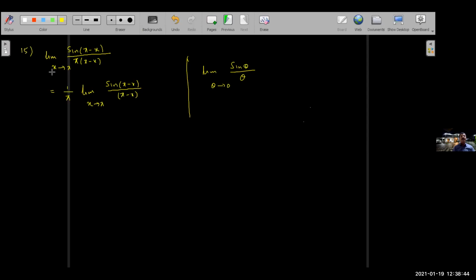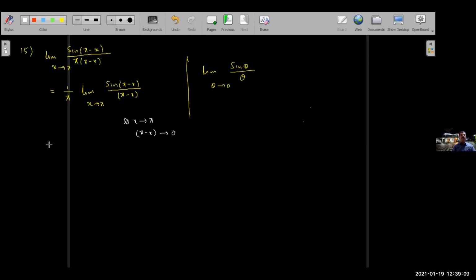Definitely, as x tends to pi, pi minus x will tend to 0. If x becomes pi, then definitely pi minus x will be equal to 0.